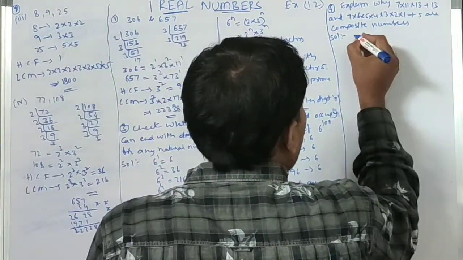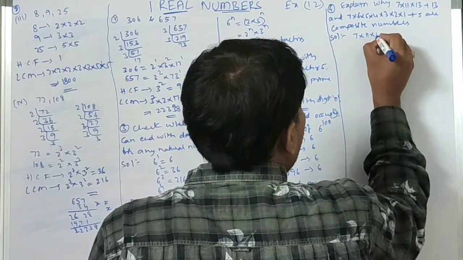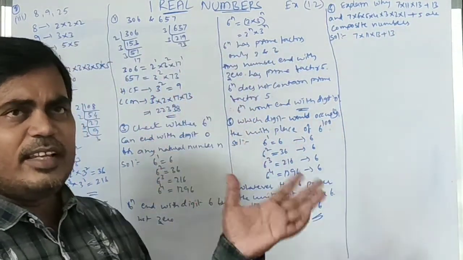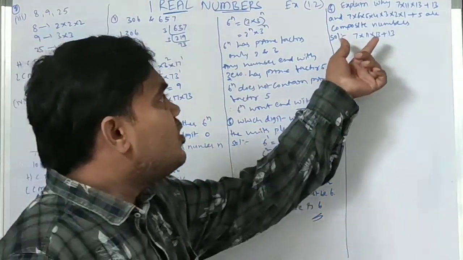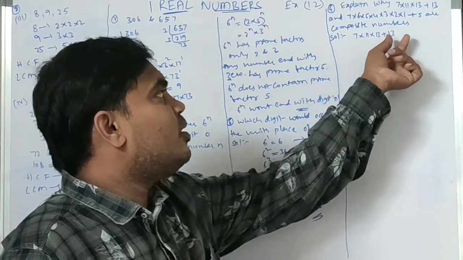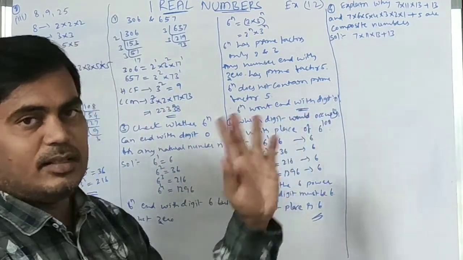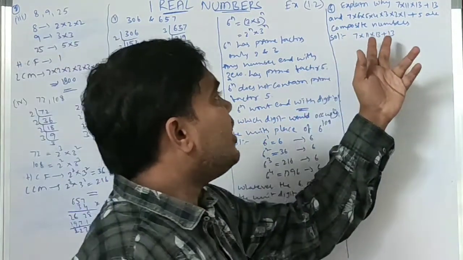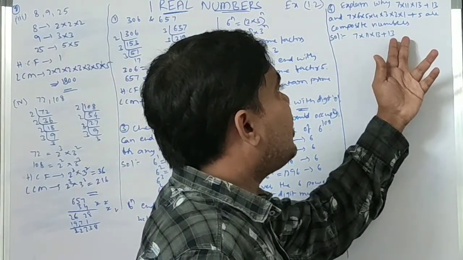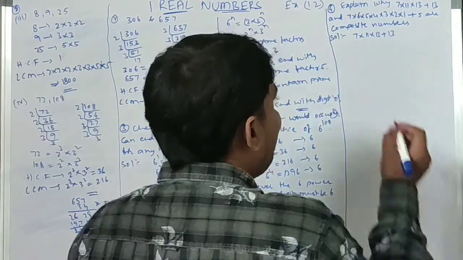So first I am taking 7 into 11 into 13 plus 13. So if it is into, it should be a single term. 7 into 11 into 13 up to this is one term, another 13 is the second term. In these two terms 13 is common.